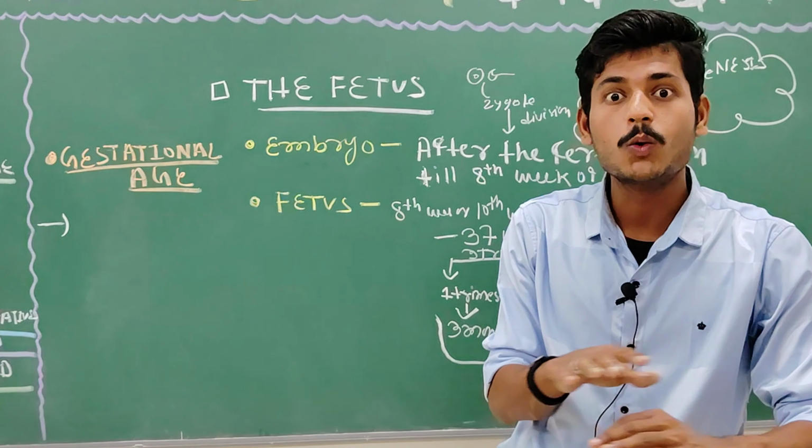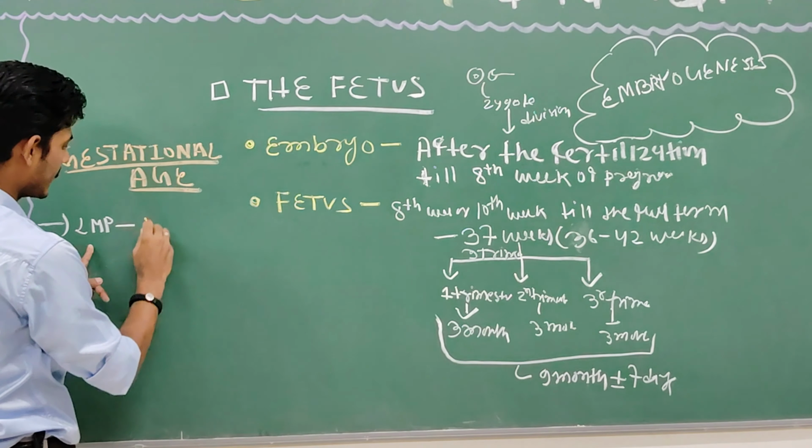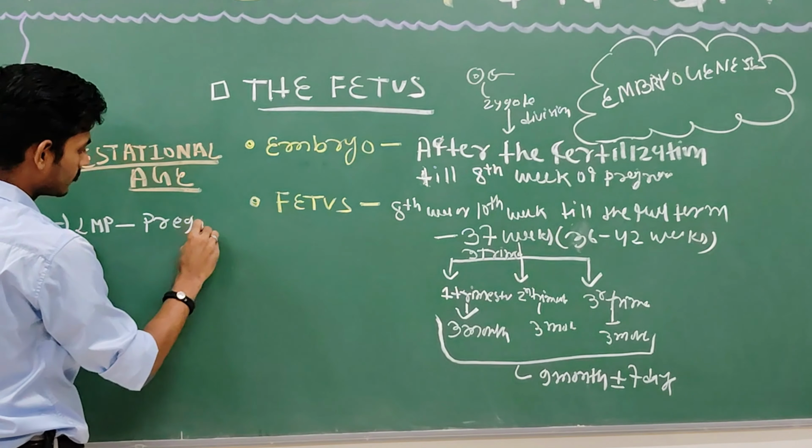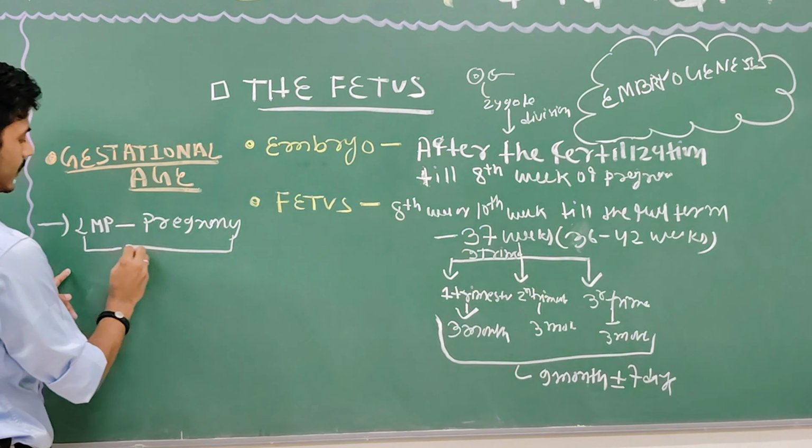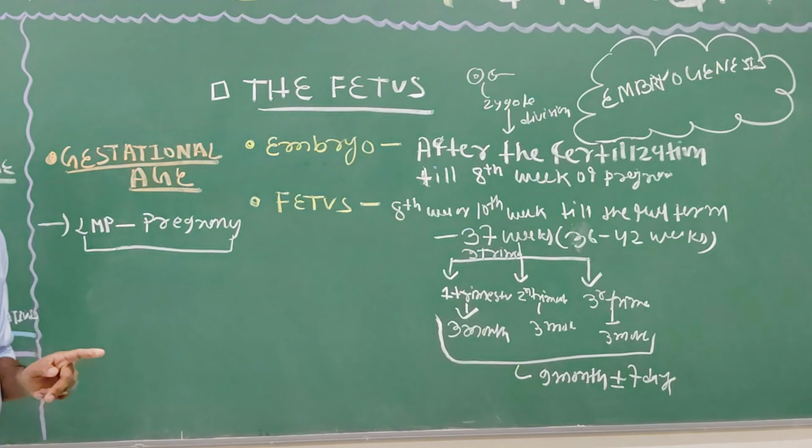Fine. So the last menstrual period is called the LMP. From the LMP, the last menstrual period, till the entire gestation, the entire pregnancy, this time period is called the gestational age.